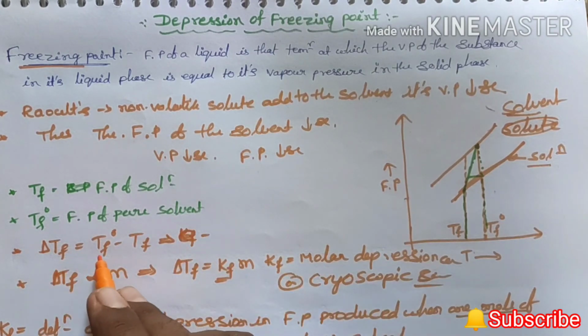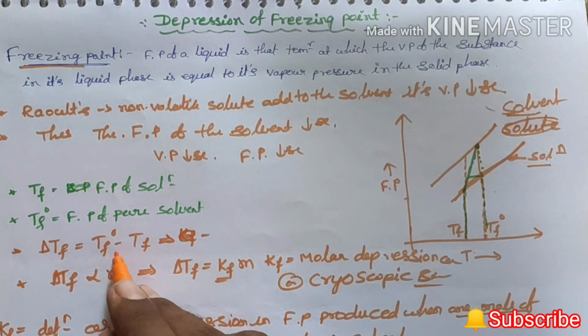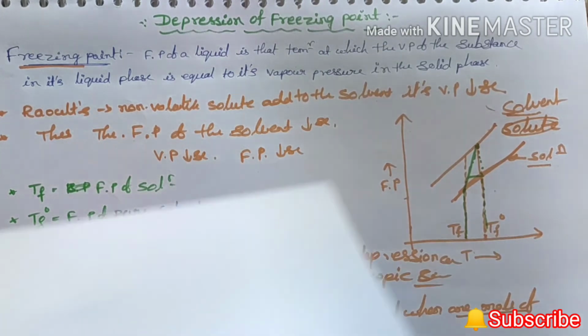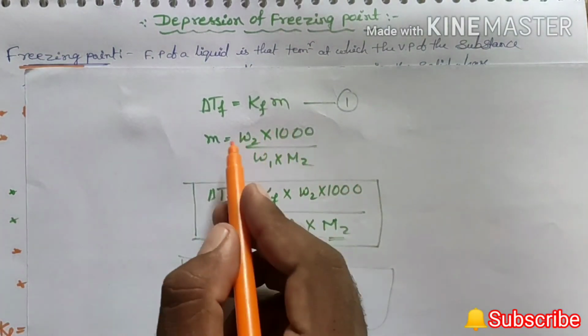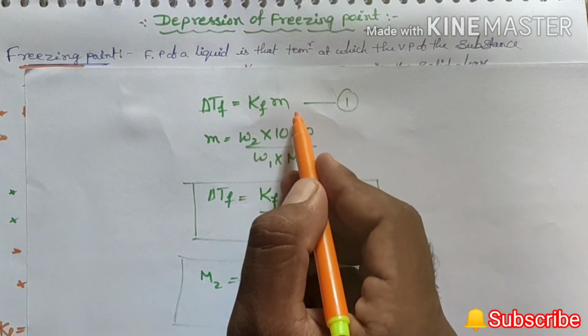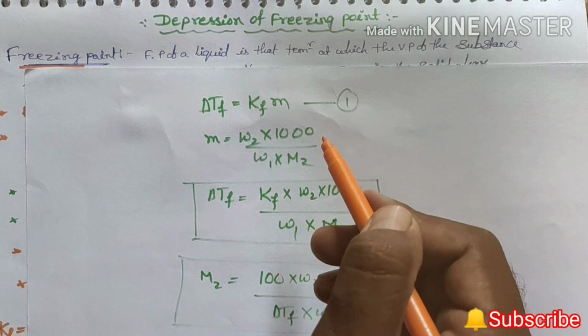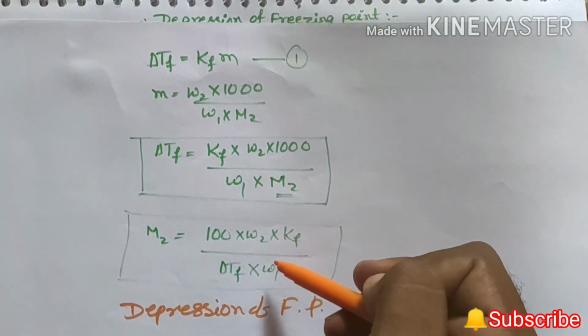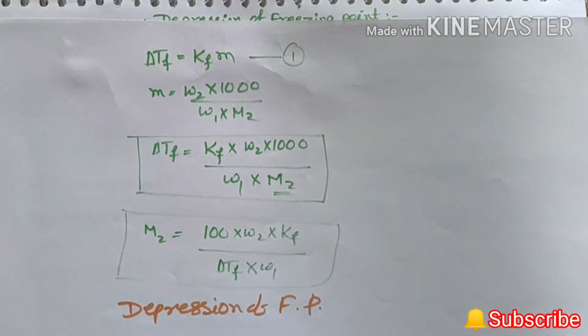The change, delta TF, is TF naught minus TF, directly proportional to m. Taking the proportionality constant KF, delta TF equals KF into m. Substituting m in the above equation gives the depression of freezing point, dear student.